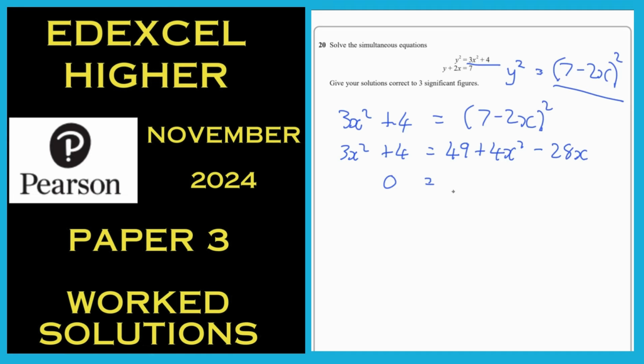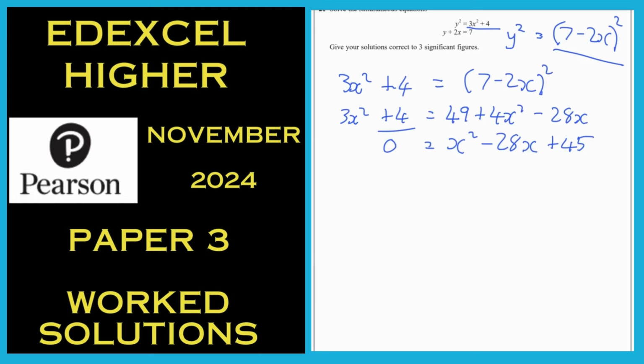Subtract 3x squared from both sides. Nothing to do with the x's, just leave the negative 28x alone. We now subtract 4 from both sides. We get 45. Sometimes these factorise nice and easy, these don't. Get your quadratic formula. A is 1, B is negative 28, C is 45.